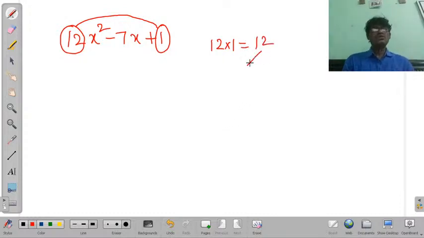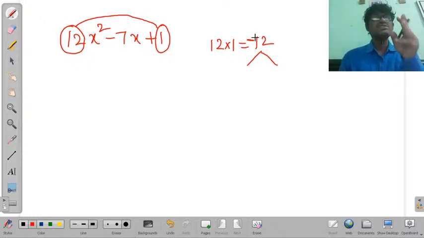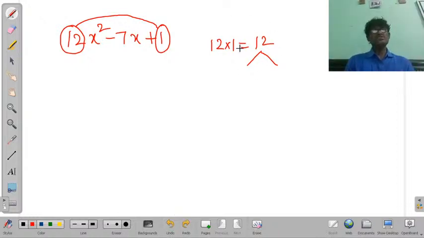Now you resolve this into factors so that the sum is equal to negative 7. And one more thing, why should we take the sum? Why don't we take the difference? You may have that question. If we had minus 12 here, certainly we would have to take subtraction, that means the difference. But here 12 has a positive sign, so we have to add, that's it.